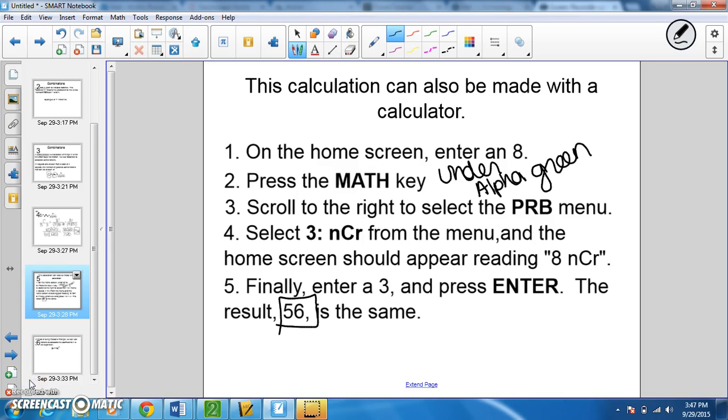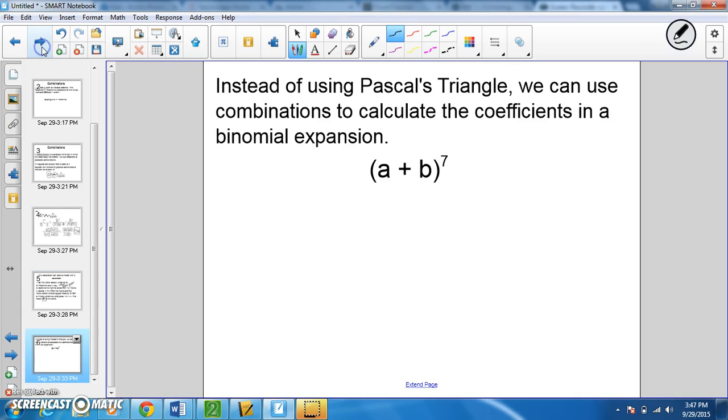We're going to use this formula in place of Pascal's triangle to calculate the coefficients in a binomial expansion. So we have a plus b to the 7th power.